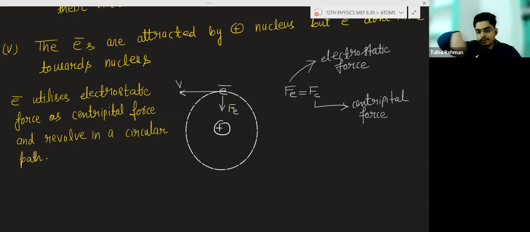So if something is revolving in a circular path, what is happening here?